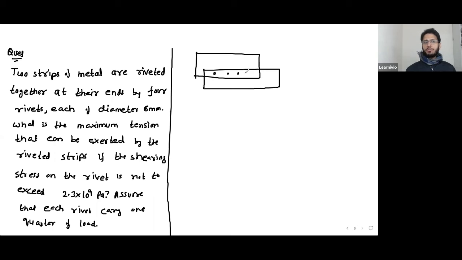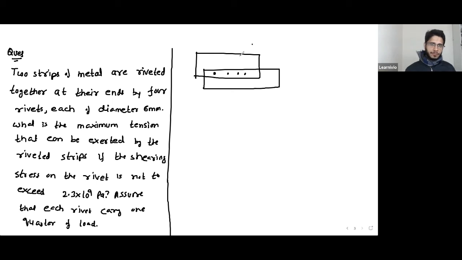Rivets are types of bolt. This simply means I take this book and I take some another sheet like this, and I connected them in this way, and I put 4 rivets. 4 rivets means 4 bolts. So I make one bolt here, one bolt here, one here, and one here. So I basically connected these two things with 4 rivets, 4 bolts. So these two pieces of metals are connected by 4 bolts.